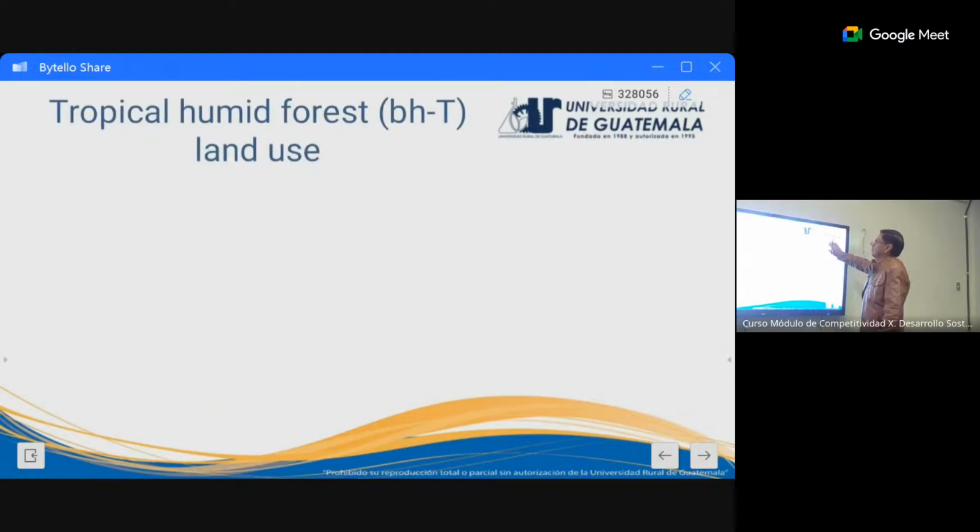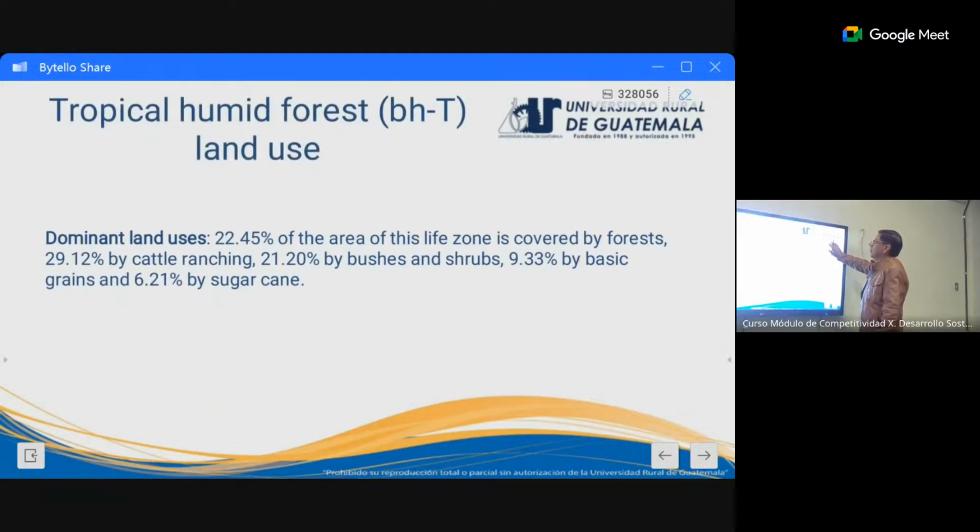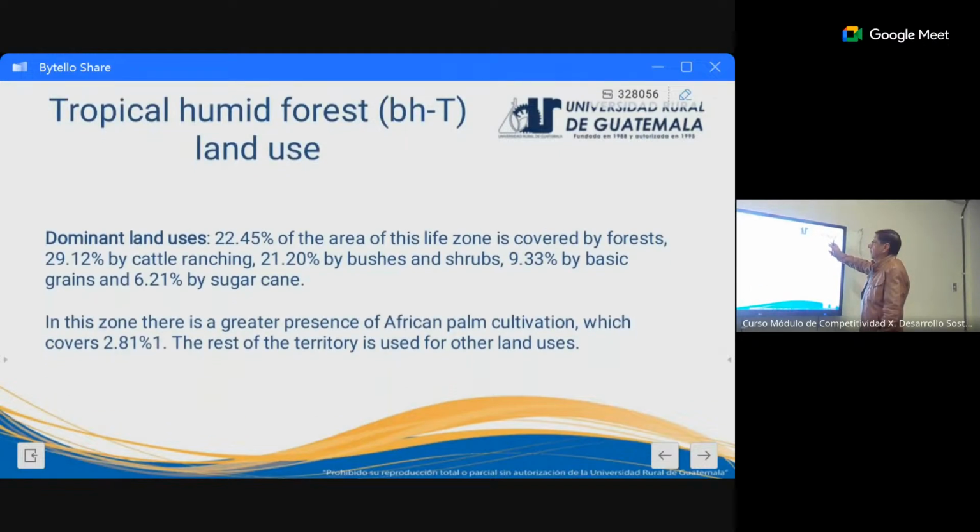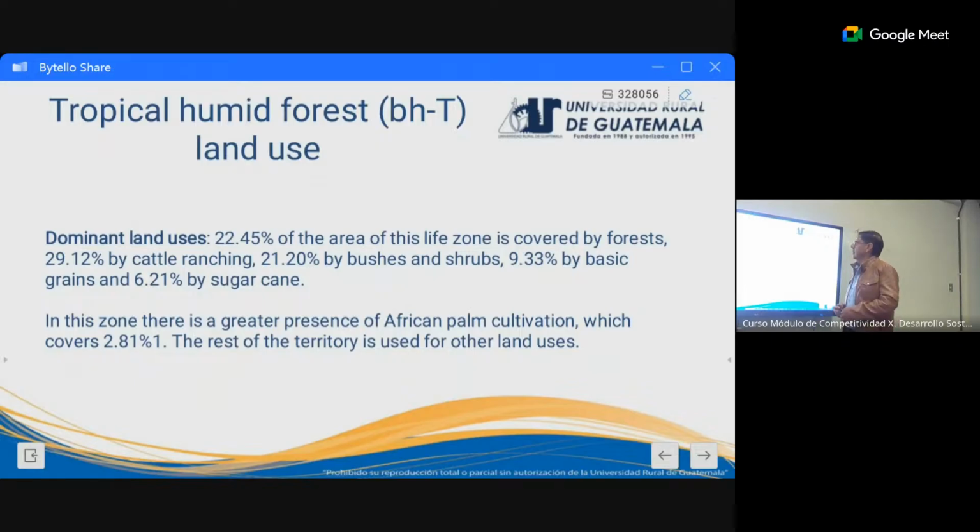Let's continue. These tropical humid forests also have a land use, and the dominant land uses are: 22.45% of the area of this life zone is covered by forests.